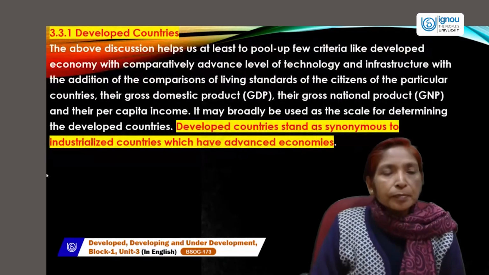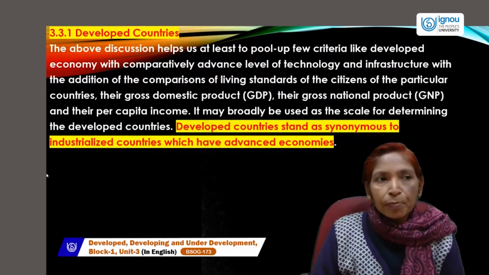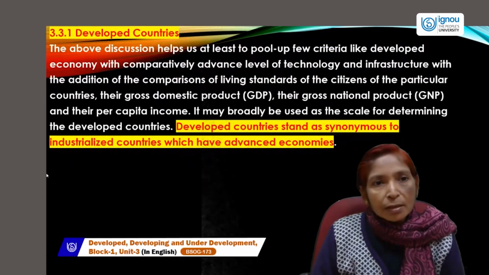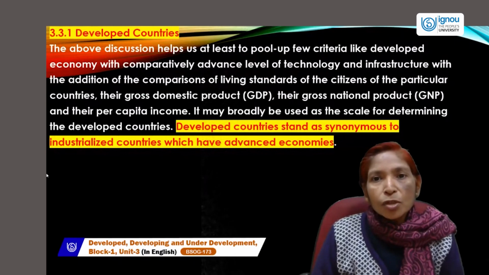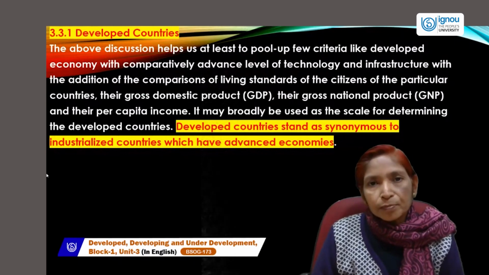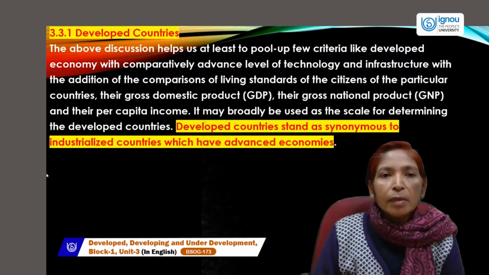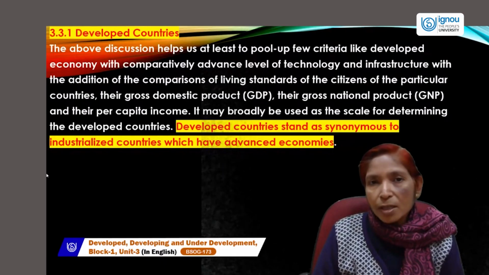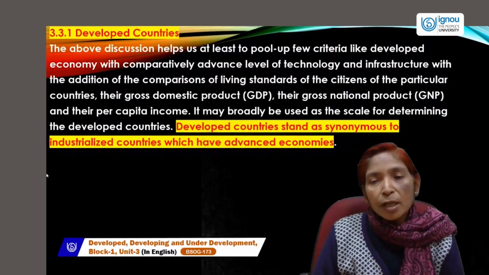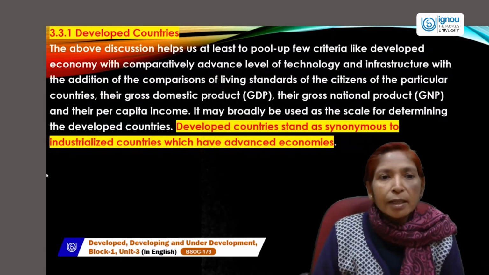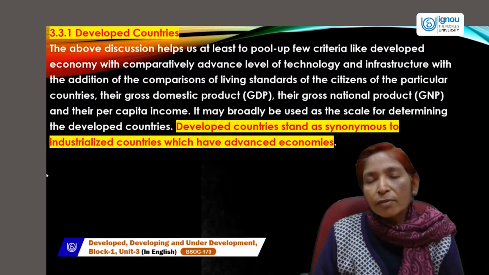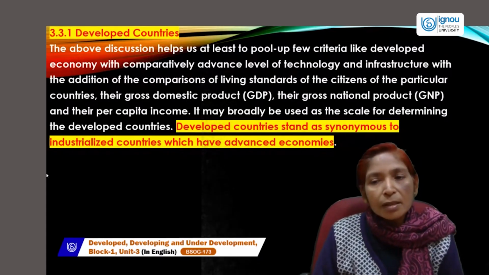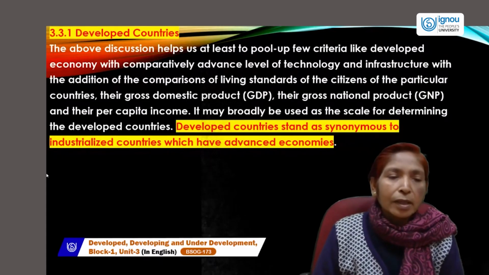Next is developed countries. The above discussion helps us at least to pull up a few criteria, like a developed economy with comparatively advanced level of technology and good infrastructure, with the addition of a higher living standard of the people or citizens of the particular country.